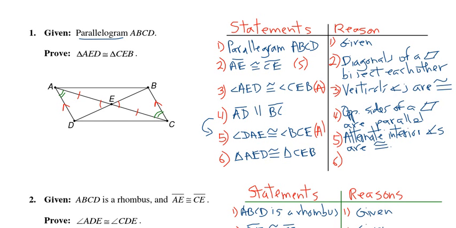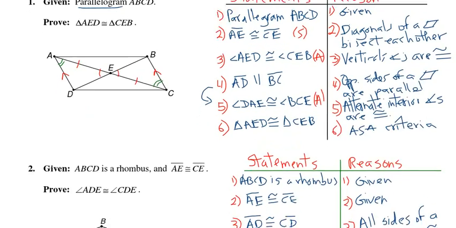The side is in between the angles, so I'm using side angle, side angle, sorry, I'm using angle, side, angle criteria. And that justifies the congruence of these two triangles. So that's just one way of doing it. And then I have number two.